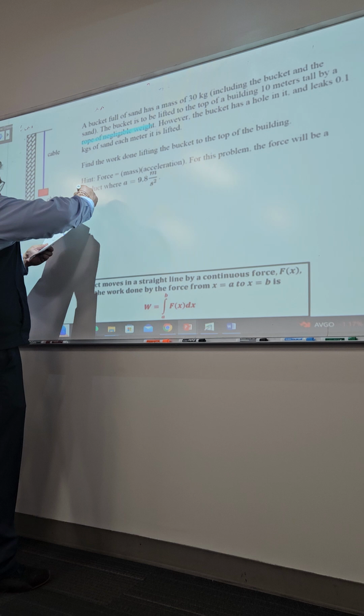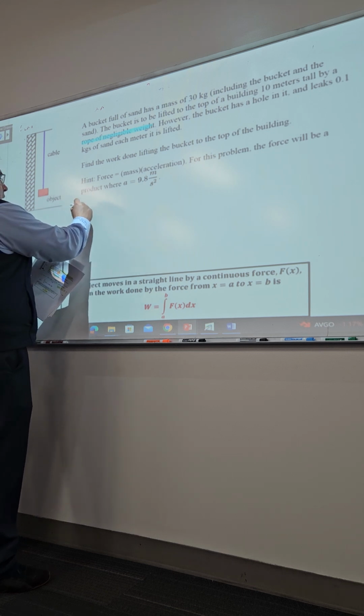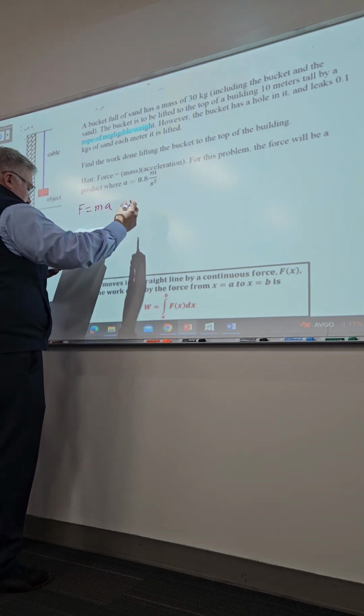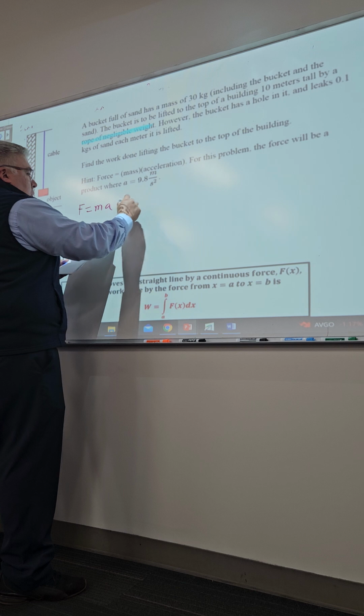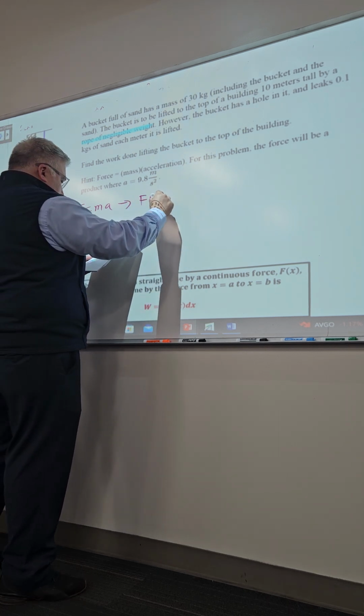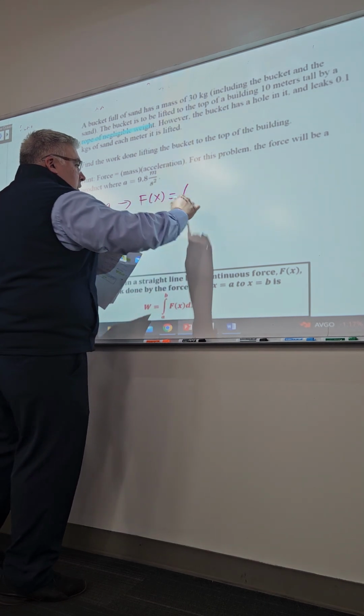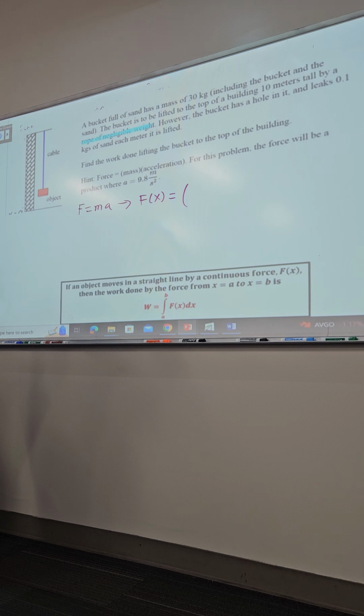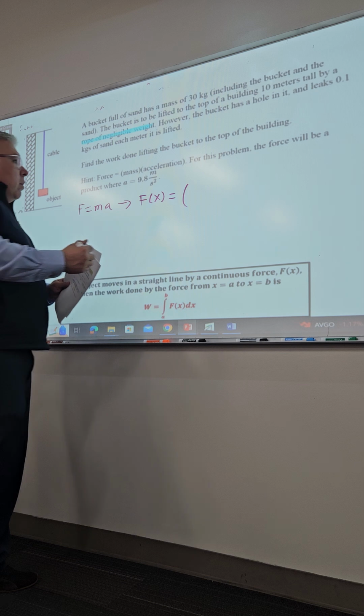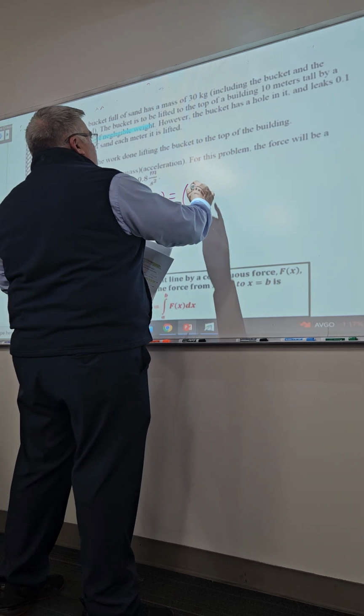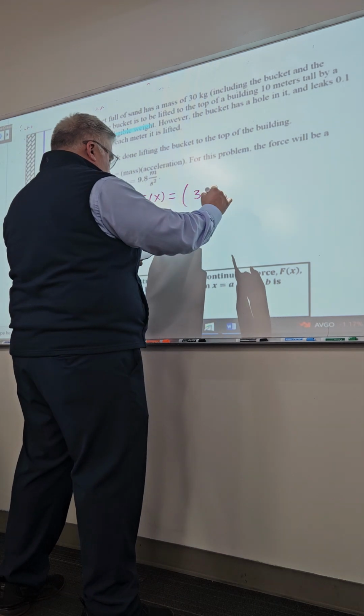So to get the force, force is equal to mass times acceleration, which in turn is going to be f of x equals. So let's start. Remember, the force is going to be the mass of the bucket. The mass of the bucket is 30 kilograms.